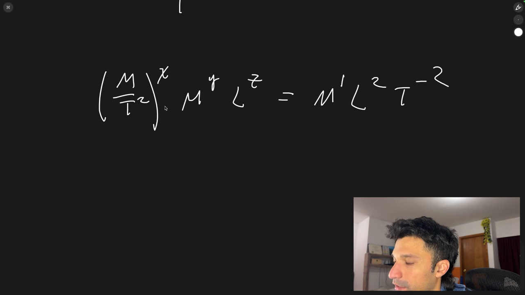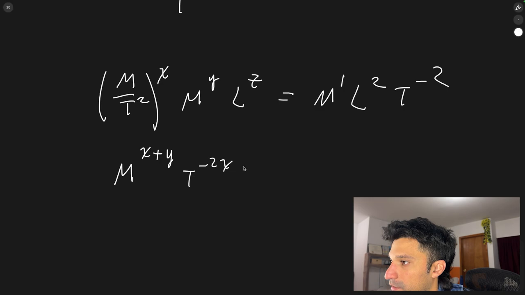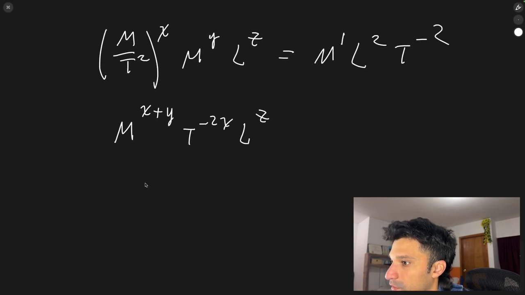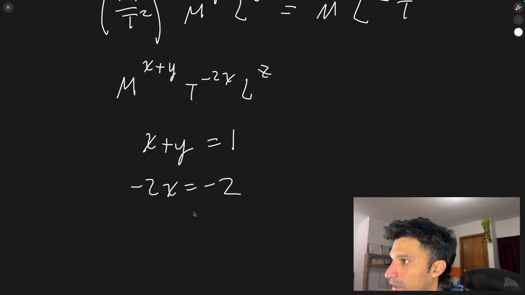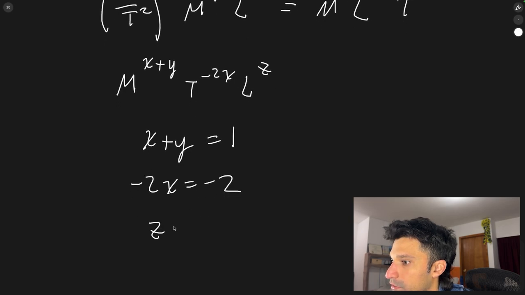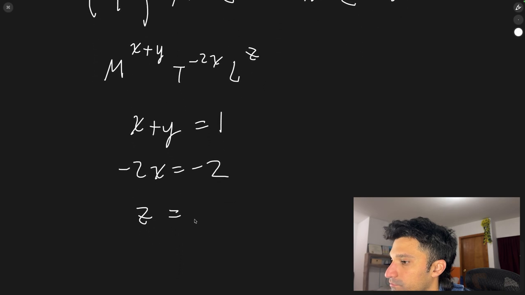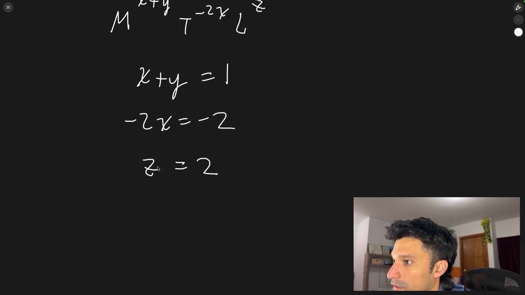So we're going to combine again. We're going to combine these m's, and we have m to the x plus y, t to the minus 2x, and L to the z. So looks like x plus y should be 1. Negative 2x should be negative 2. And z should be 2. Okay.